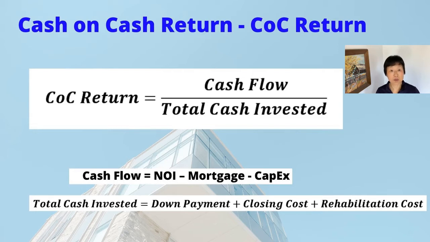It is simple. We just divide the cash flow by the total cash invested. The total cash invested is our down payment, plus the closing costs, plus the cost of rehabilitation if the property needs to be fixed up.